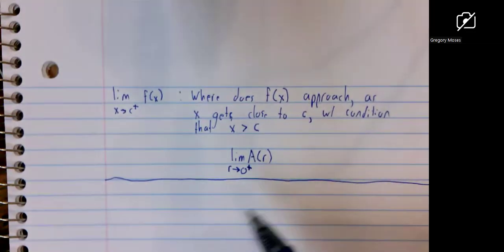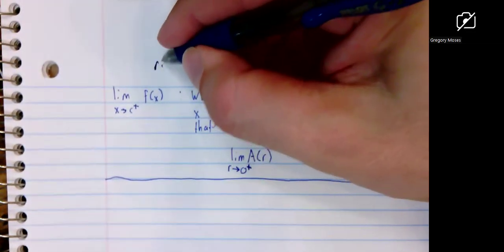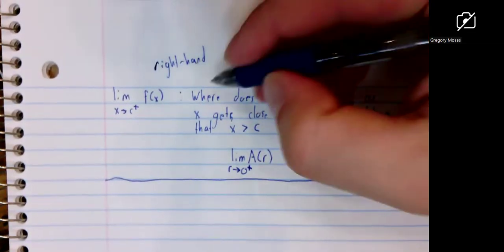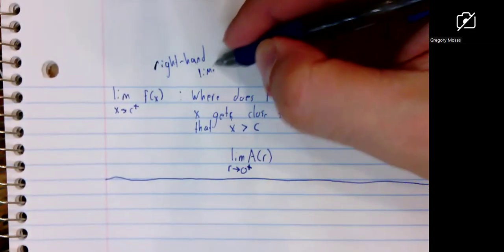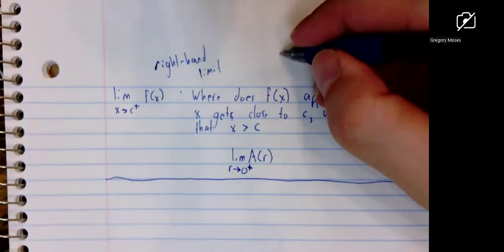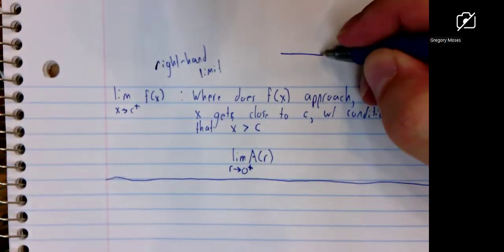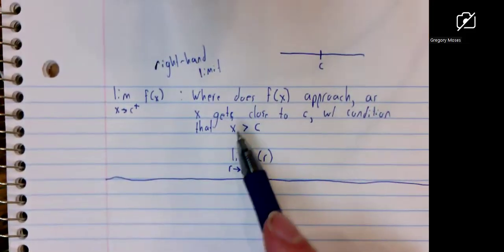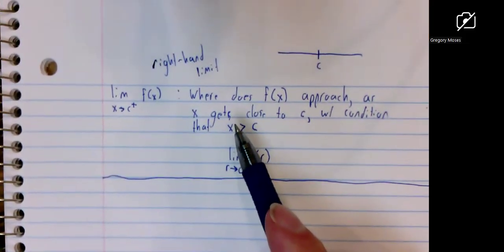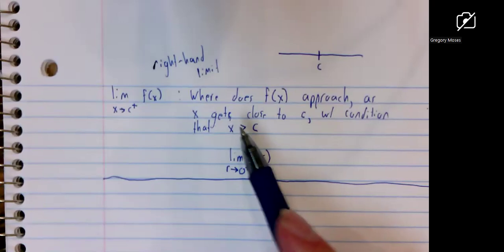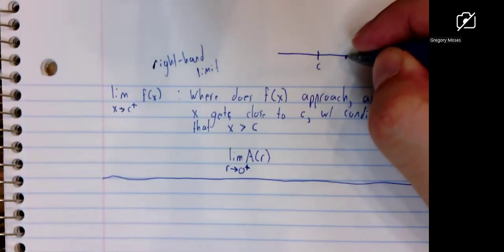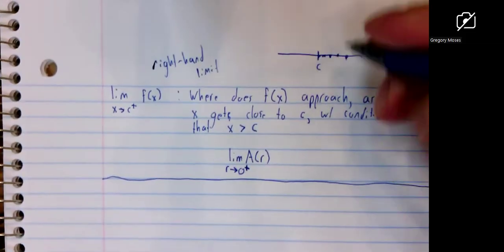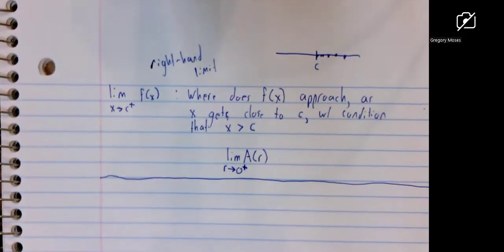And this is called the right-hand limit, for the pretty straightforward reason that if we draw a number line, if we're making the assumption that we're looking at numbers greater than c, then we are approaching c from the right-hand side.